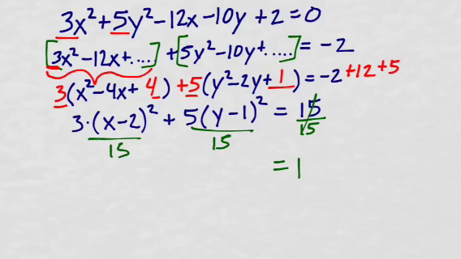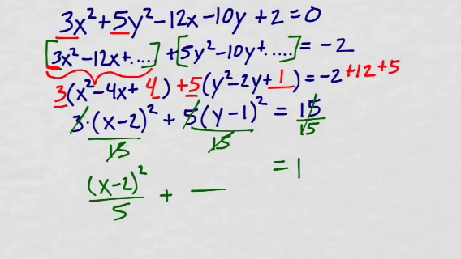So 3 over 15, we can reduce that fraction, divide out the 3, we get a 5, so this becomes x minus 2 squared over 5, plus, same thing, divide out of 5, this time we're left with a 3, so that's y minus 1 squared over 3, and clean that up a little bit. 15 divided by 15 is equal to 1.